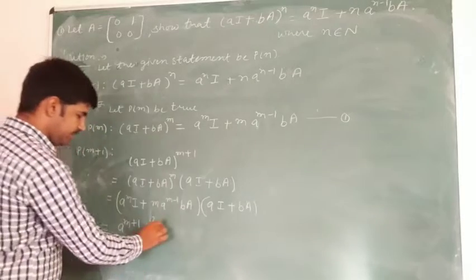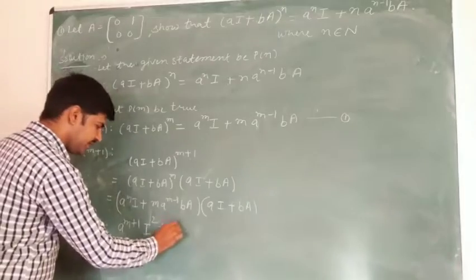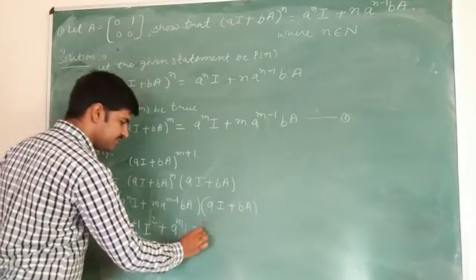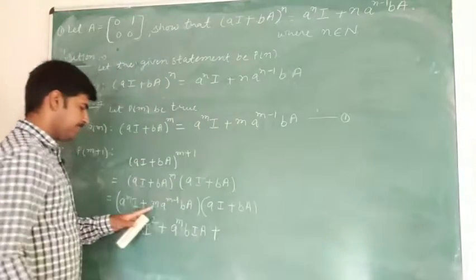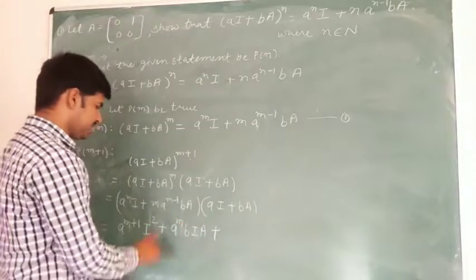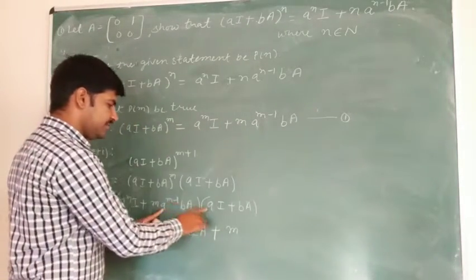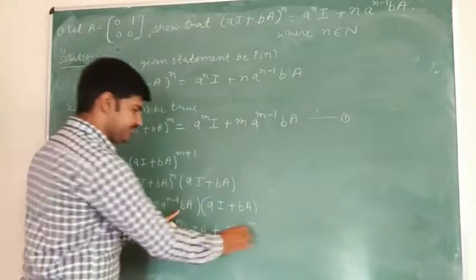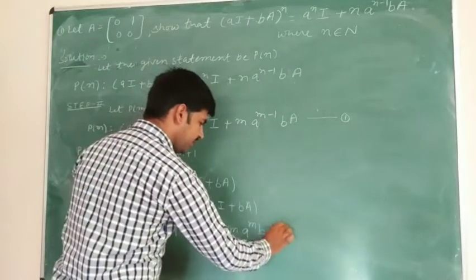Then plus this multiplied by this one, so it is a raised to the power m times b, and it is I times A. The next step, plus this term multiplied by this one, so it is m times a raised to the power m minus 1 multiplied by a, which is a raised to the power m, and times b and times A multiplied by I.